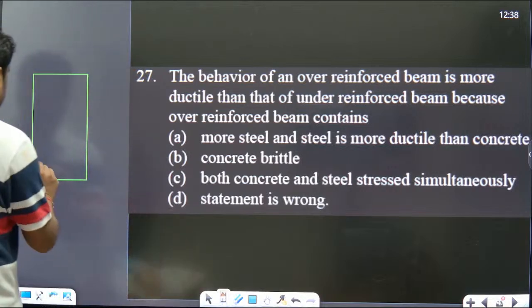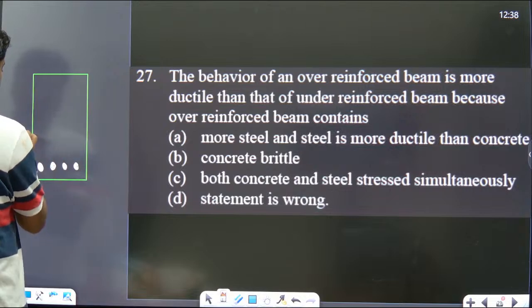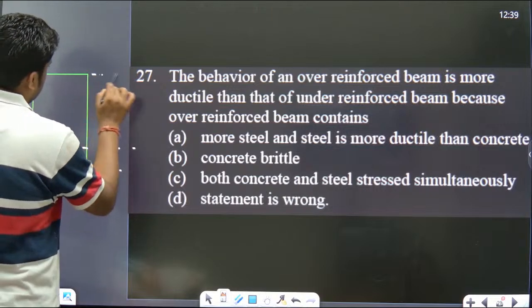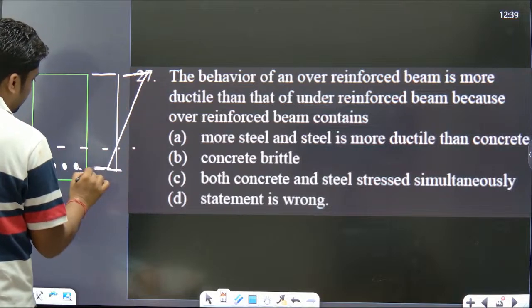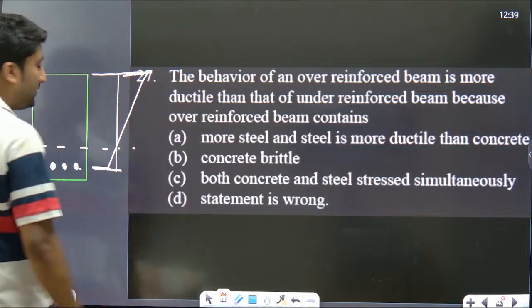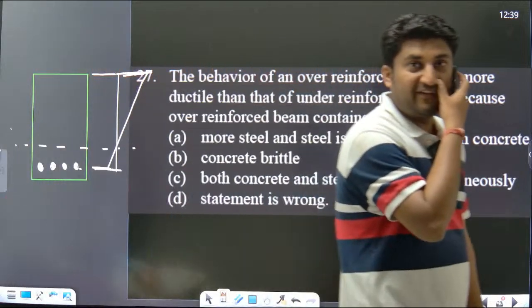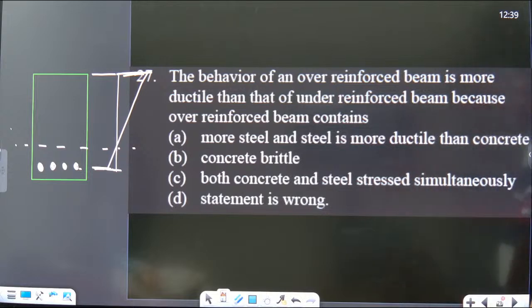Whenever there is an over reinforced beam, what is the type of failure? It is a brittle failure. In an over reinforced beam, is the behavior ductile failure or brittle failure?